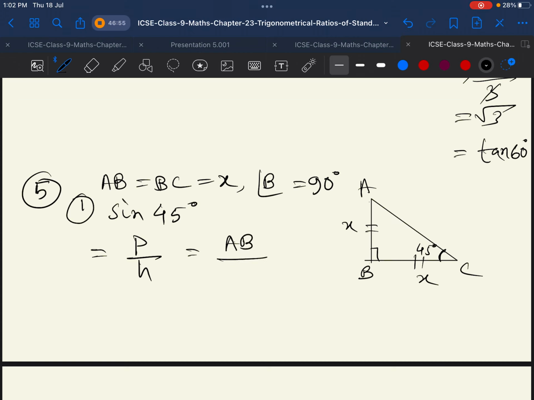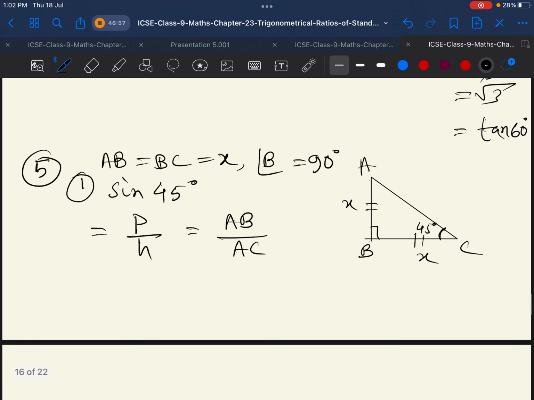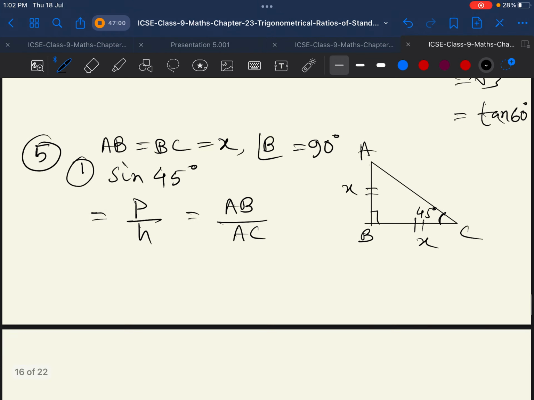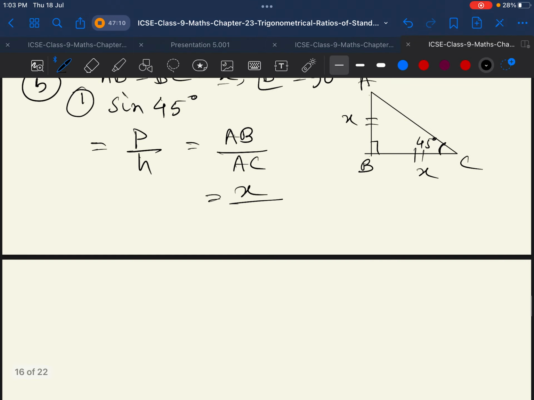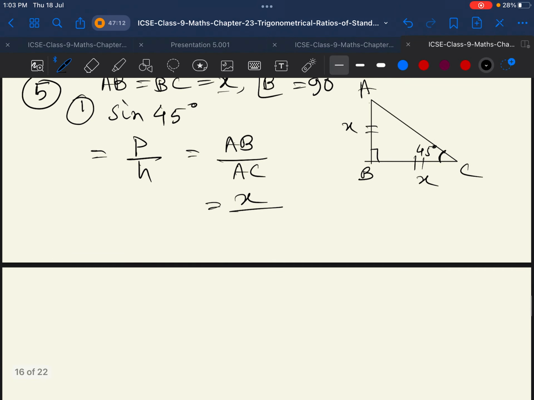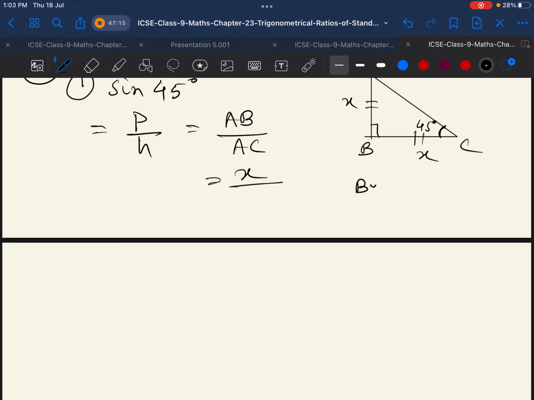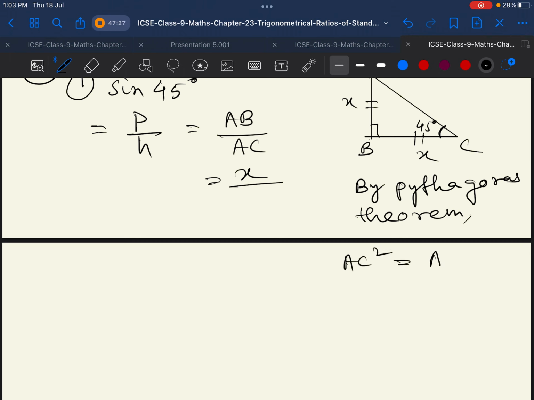So here perpendicular AB and hypotenuse is AC, the opposite side of right angle. Okay, so here AB is, we know, x, and AC by Pythagoras theorem, we can write here AC square equals to AB square plus BC square.